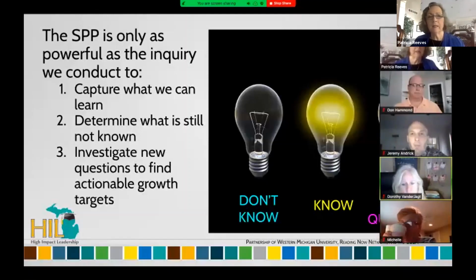Every data set's an opportunity for discovering both what we know and what we don't know. Every data set is an opportunity to push deeper into understanding what's really going on with our students and find actionable growth targets. Will we find all the possible growth targets for students out of one data set? No, that's not the point.